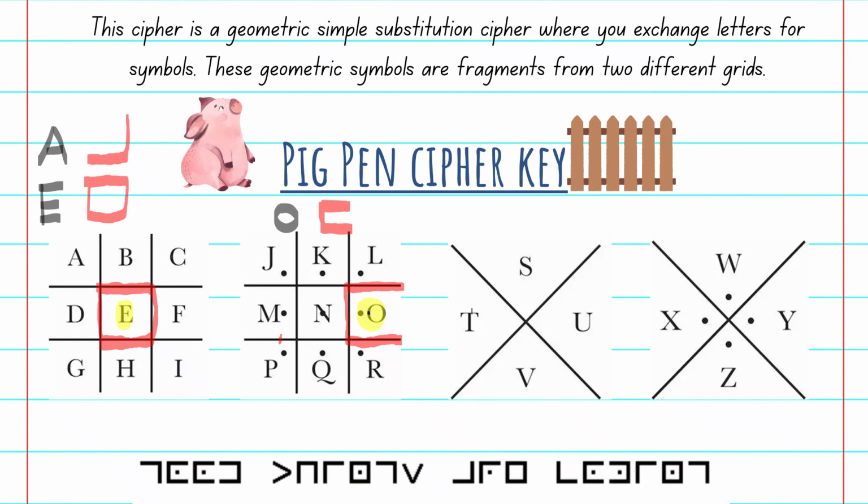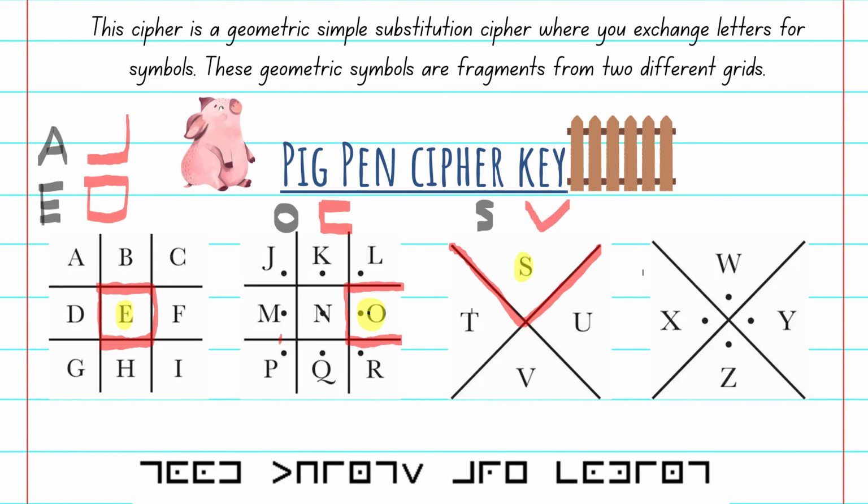So let's do S for an example. So the letter S has a V shape. That's what symbolizes the letter S, which is like this.